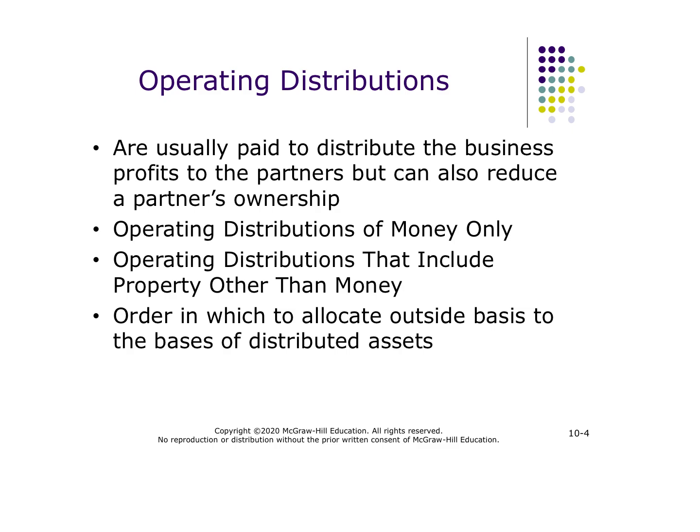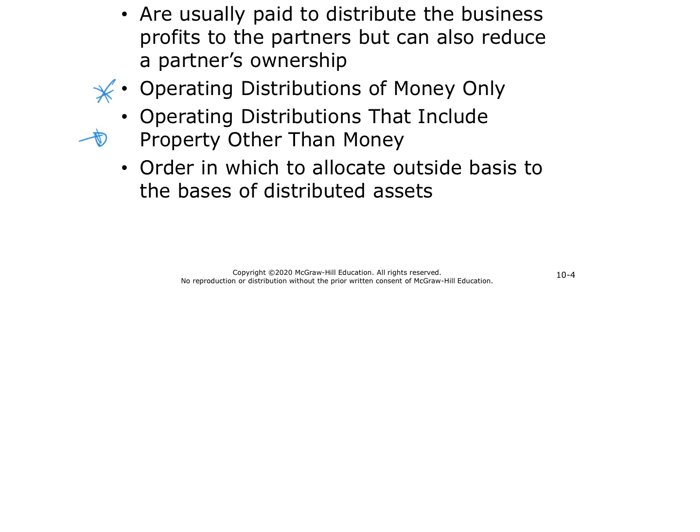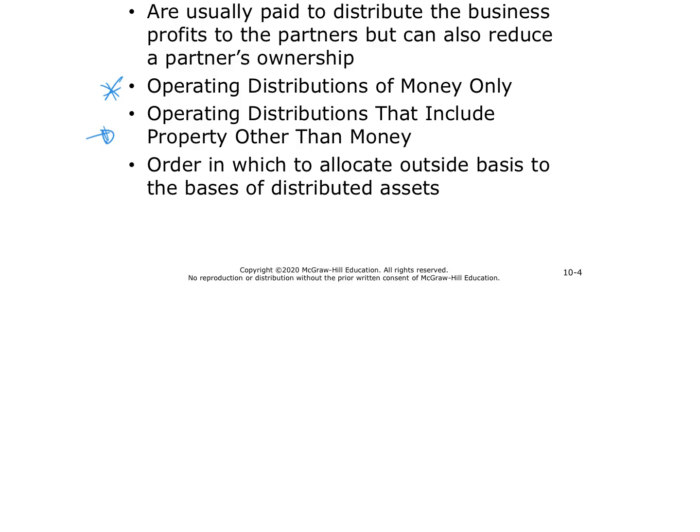All right. And then you have two basic types of operating distributions. You have ones that include money only. Okay. And then you have ones that have property other than money. Okay. So let's talk about these two categories. All right, so operating distributions with money only. Let's talk about those first.